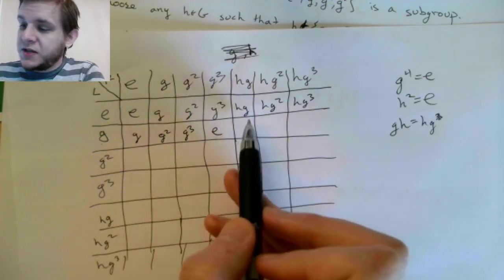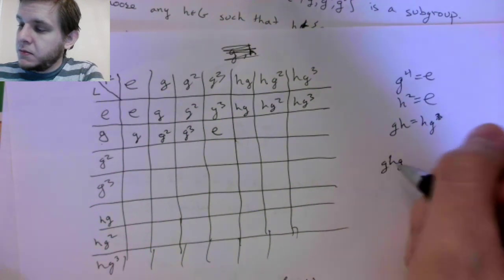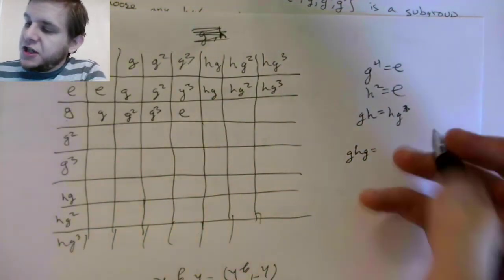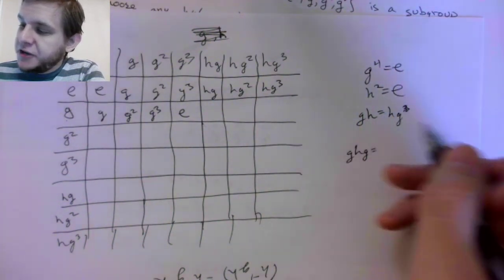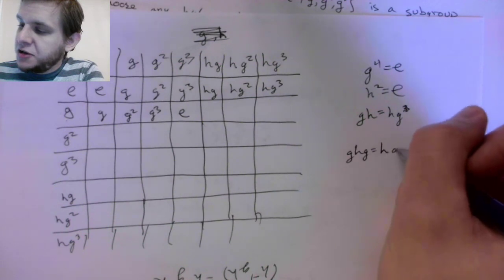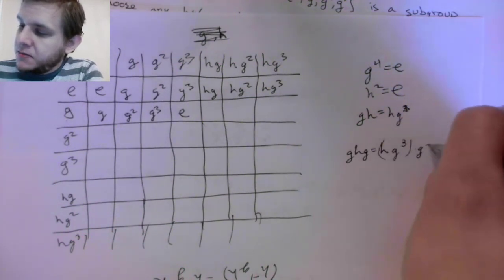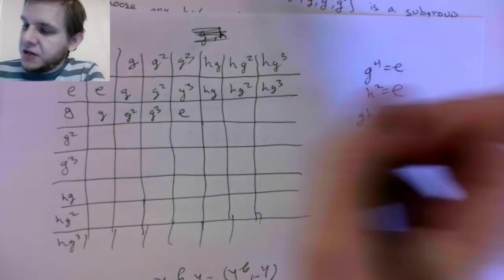So let's figure out what ghg is. ghg is, well, I can use this relation to push my h to the left-hand side. This is hg cubed times g. g cubed times g is g to the fourth, so this is just h.